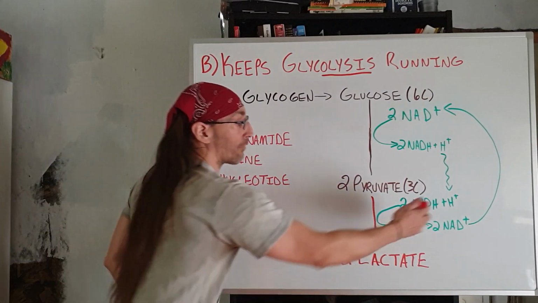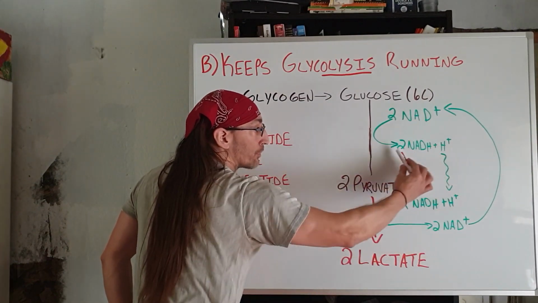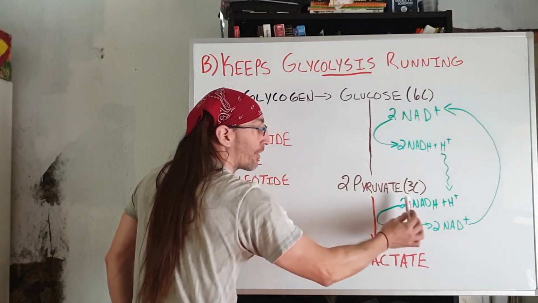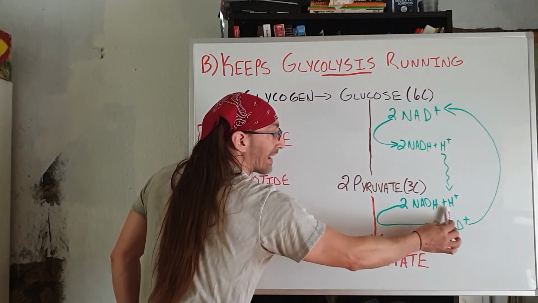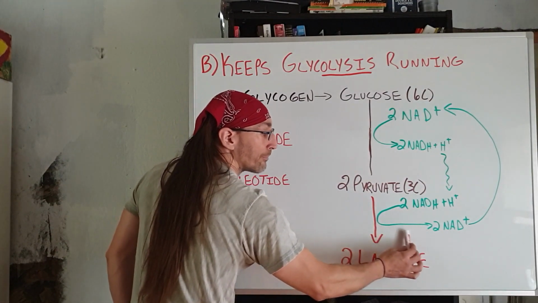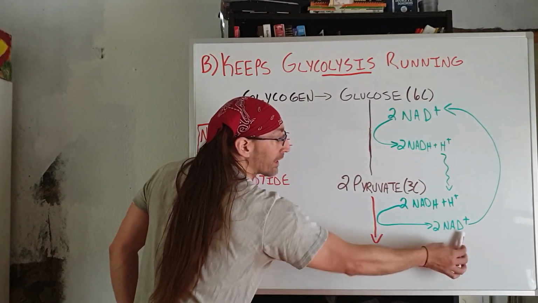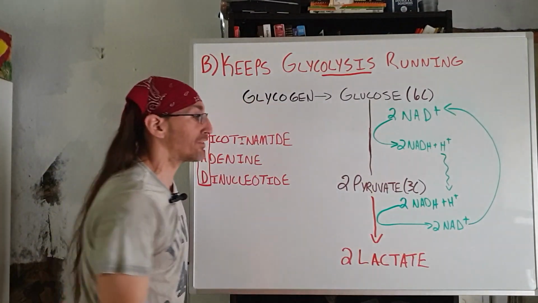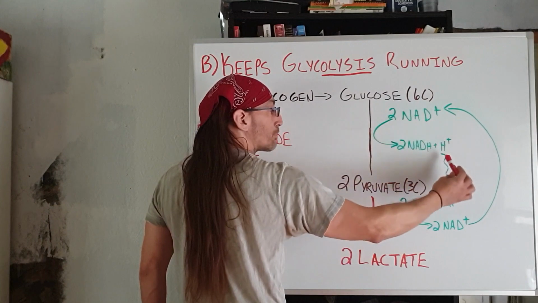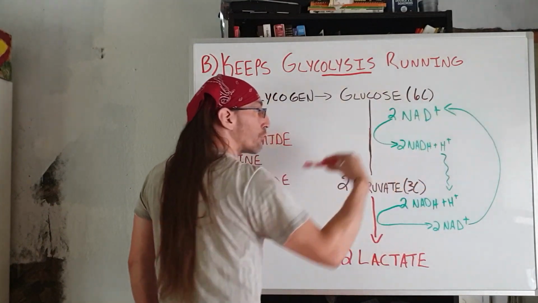I kind of show them matriculating down here, 2 NADH plus H plus. What we do now is boop, boop, boop. Now these have become again 2 NAD plus. They can go back up here and be used in this process.